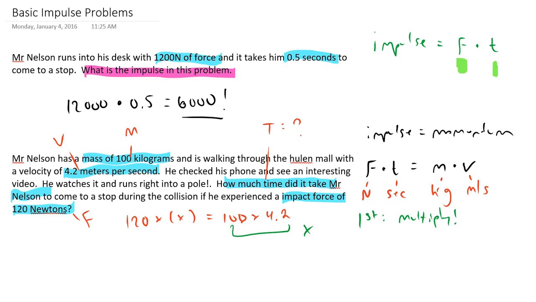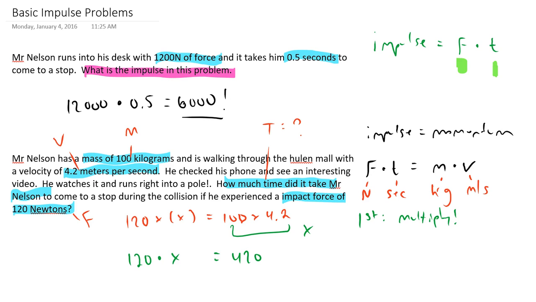So we've got 100 times 4.2, which gives us 420. So now we have 120 times x equals 420.